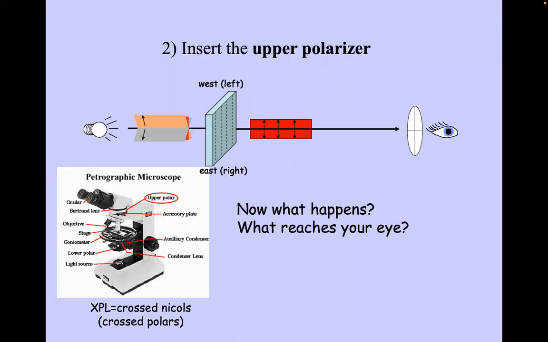Okay. Now, what happens when the light reaches your eyes? As I explained before, only one vibration direction is there, but no matter, it reaches your eye. That means you should be able to see some bright features based on your sample, right? If your sample has different minerals or whatever, you can see them because some of the light is coming.